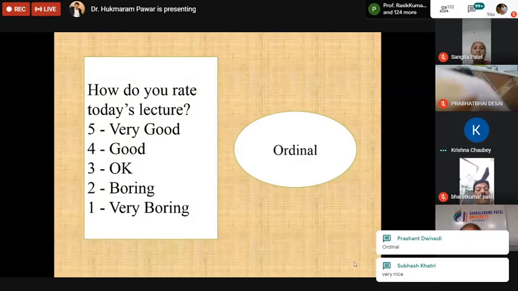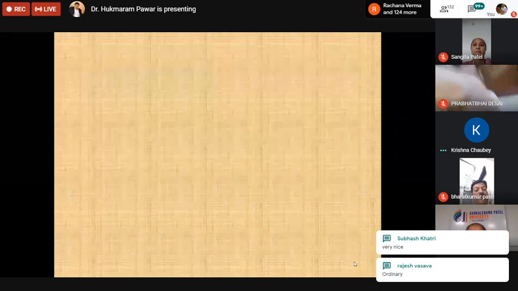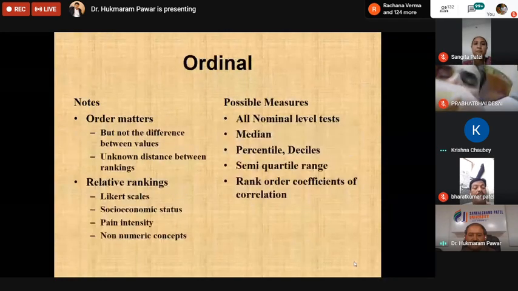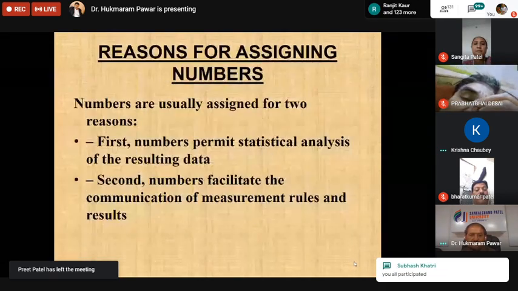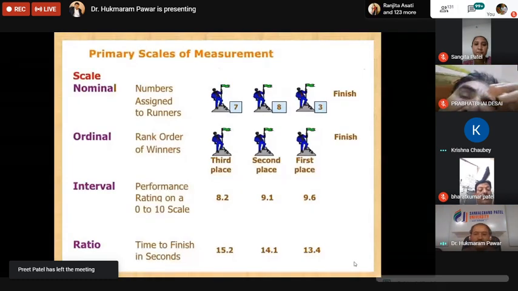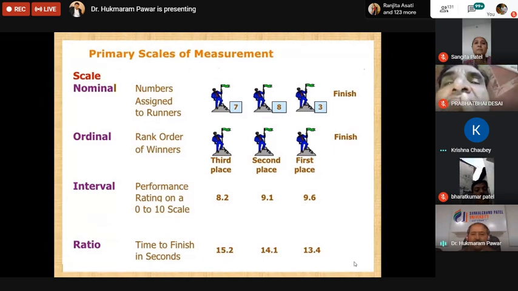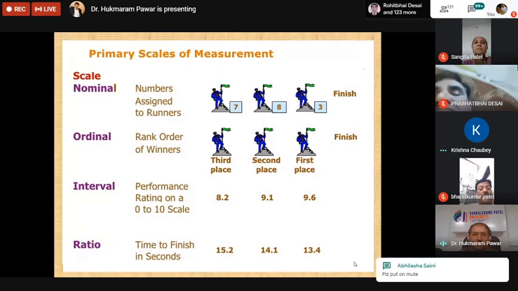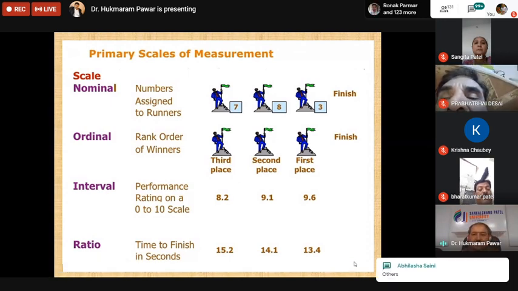Let me show you the first slide that I skipped during my presentation. Here the information relates to particular players, whether a football player or a cricket player. First is the assignment of numbers 1, 2, 3, 4.